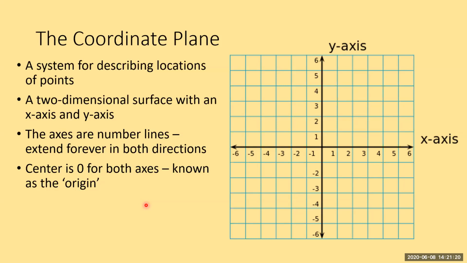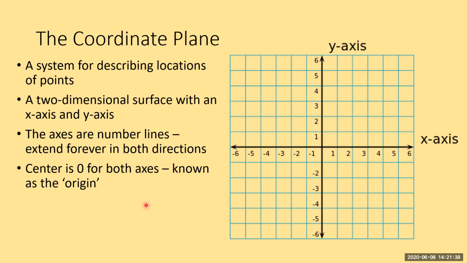If you've ever used GPS coordinates, this is a very similar idea, or if you've ever looked at a map in an atlas, this is also a very similar system for giving specific locations of points.